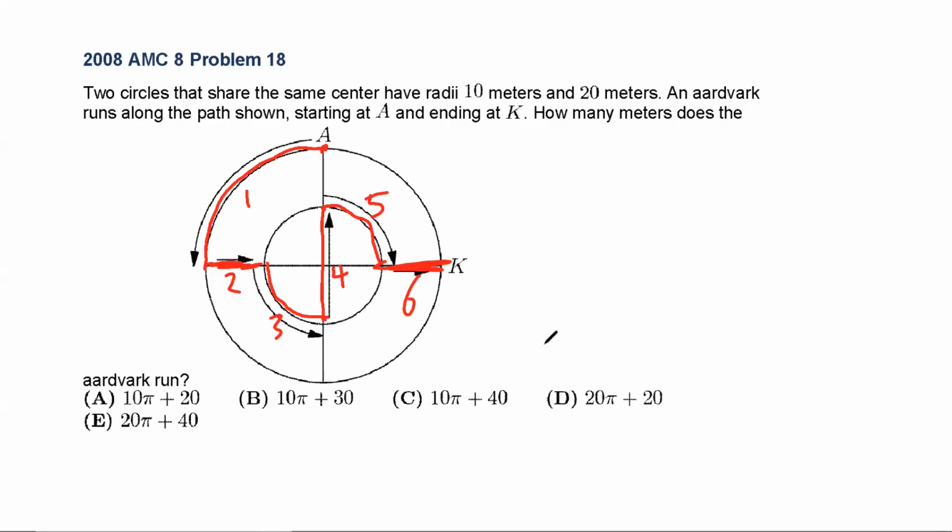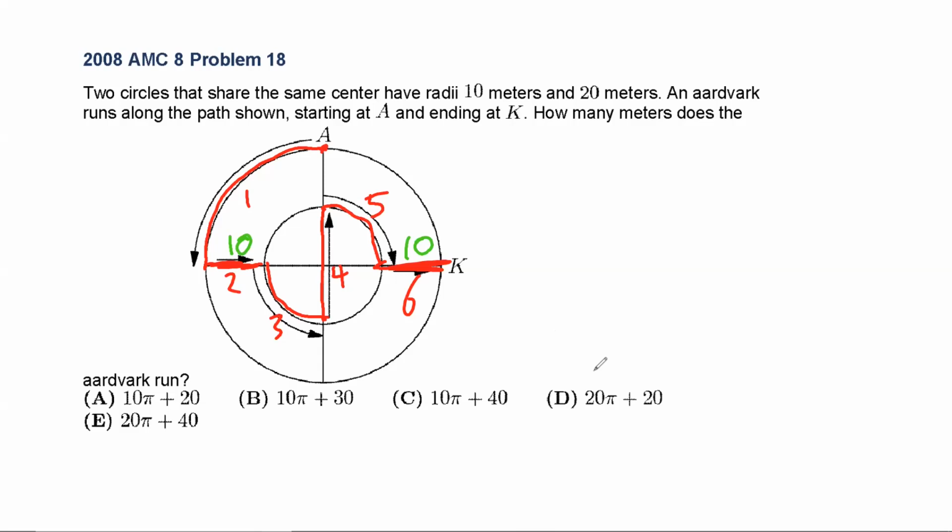So the radii are 10 meters and 20 meters. So their difference is 10. So we immediately know that paths 2 and 6 have a length of 10. So this length here is 10, and this length here is 10. So now what we want to do is figure out the length of path 1.